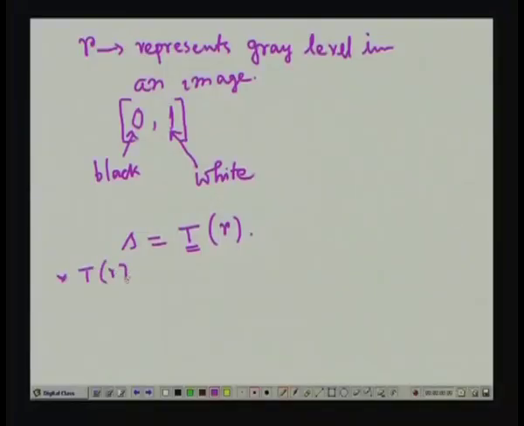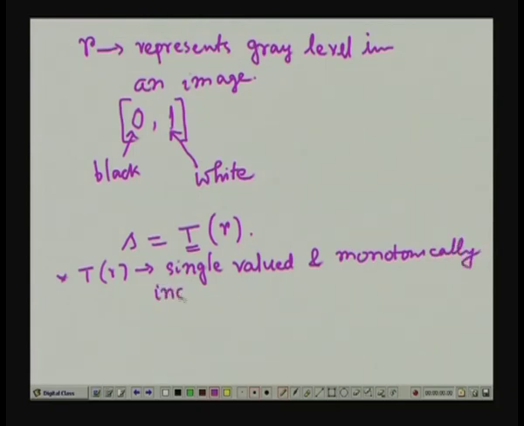to 1. So, the first condition is that T(R) must be single valued and monotonically increasing in the range 0 ≤ R ≤ 1.